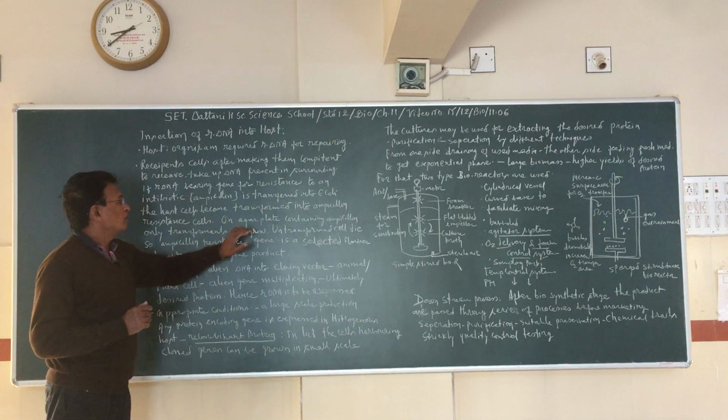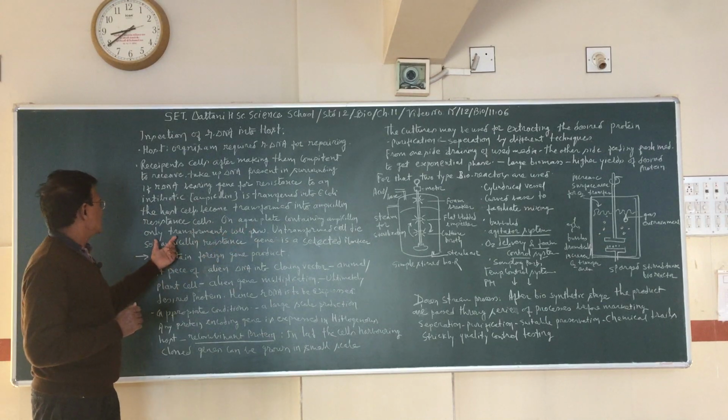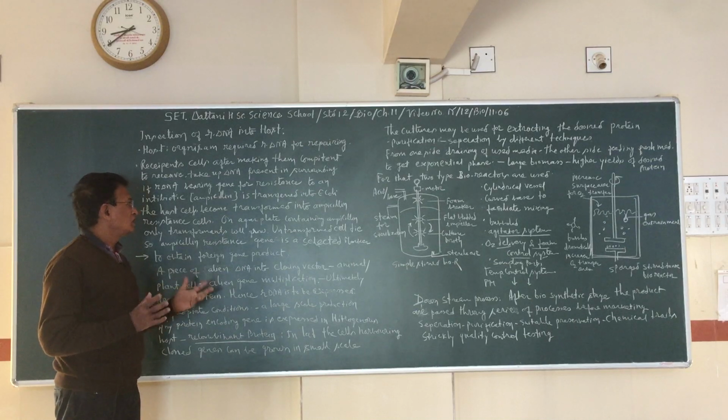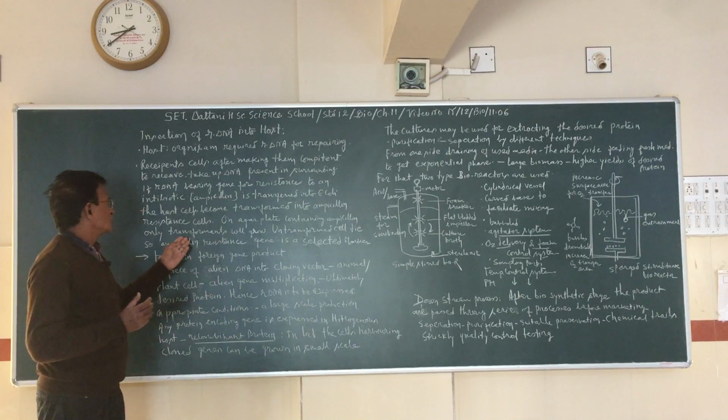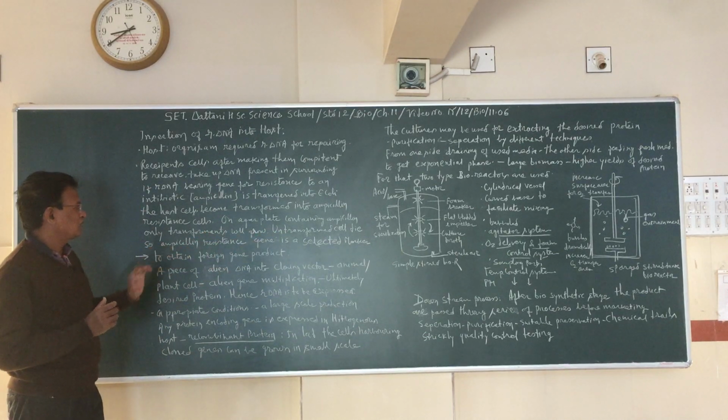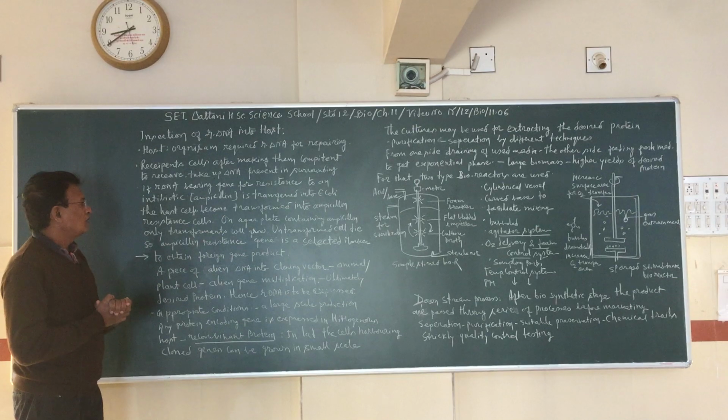On plates containing ampicillin, only transformants will grow, while those which are not transformants will die. So this is the way by which we can separate the desired genes.